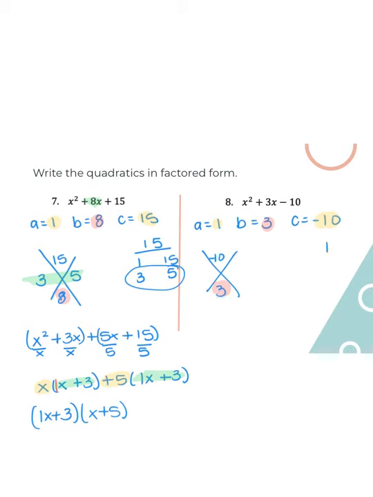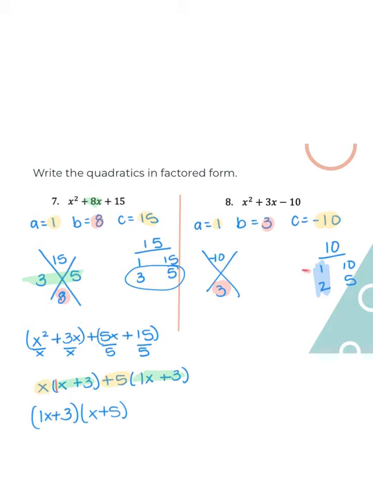Okay, so now I'm thinking factors of 10: 1 and 10, 2 and 5, 3 won't go in, 4 won't go in, I'm back at 5. Okay, so now my 10 is negative, but my 3 is positive. So because that 3 is a positive number, I know that one of these has to be negative.